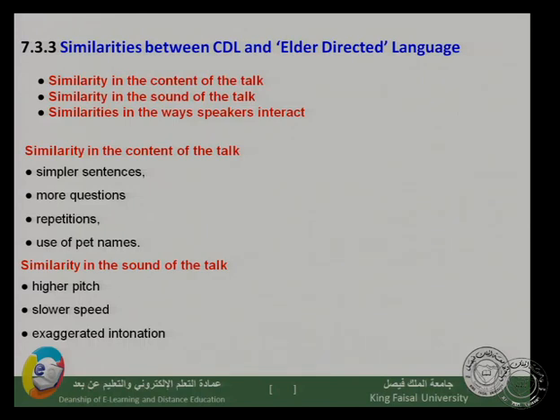If we speak slowly, this will help the child and the old man to process language, and we need to exaggerate intonation so that they understand this is a question or this is a sentence. So we have three main points which are similar in the sound of the conversation for children and for old people: high pitch, slower speed and exaggerated intonation.